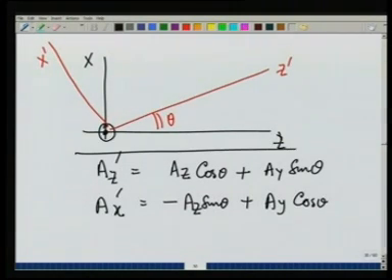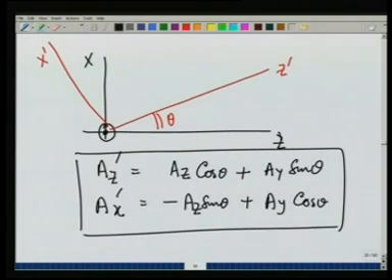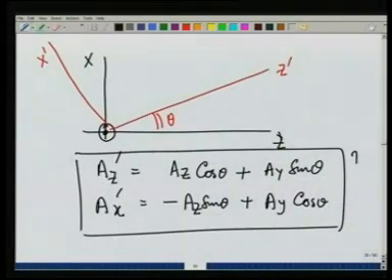So, this is how the components of a vector transform under rotation with respect to x axis, y axis or z axis. That is, if I rotate about the z axis, I change x prime and y prime components. If I rotate about the x axis, I change y and z components, and if I rotate about the y axis, I change x and z components, and they change in a very, very specific manner.